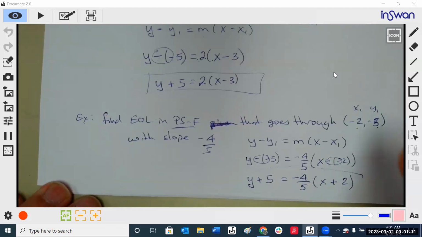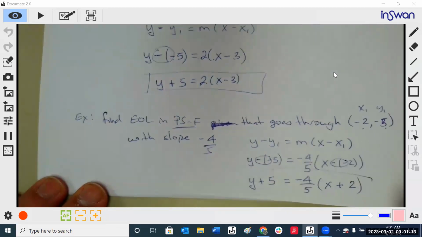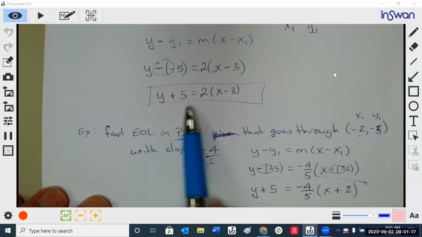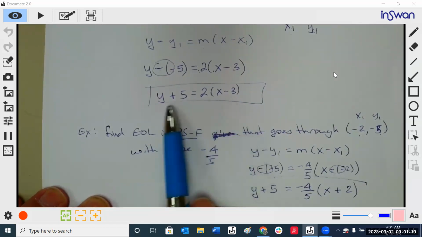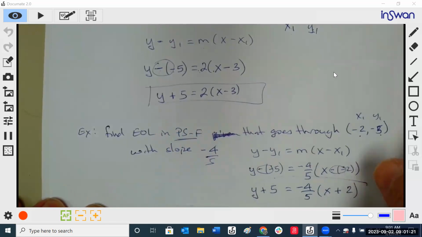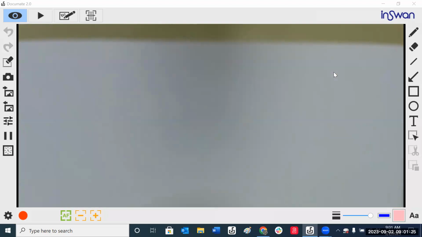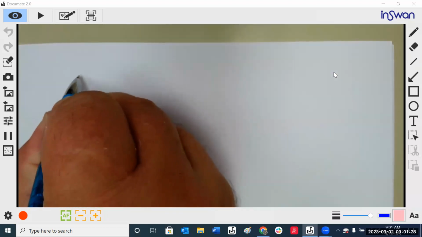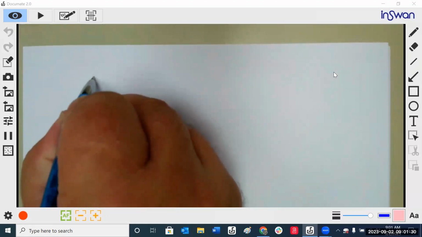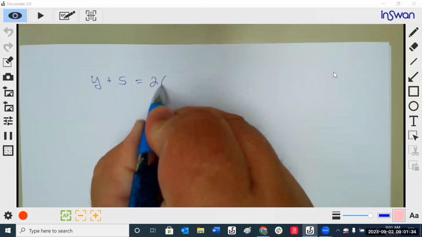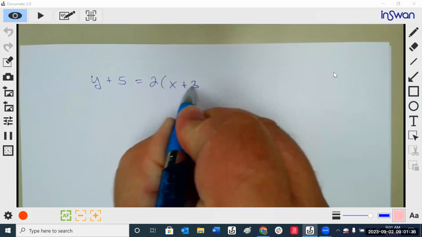All right, so let's see now how this relates to the next one. What form is this? Point slope form. So let's go to the next form now. We had y plus 5 equals 2(x plus 3).